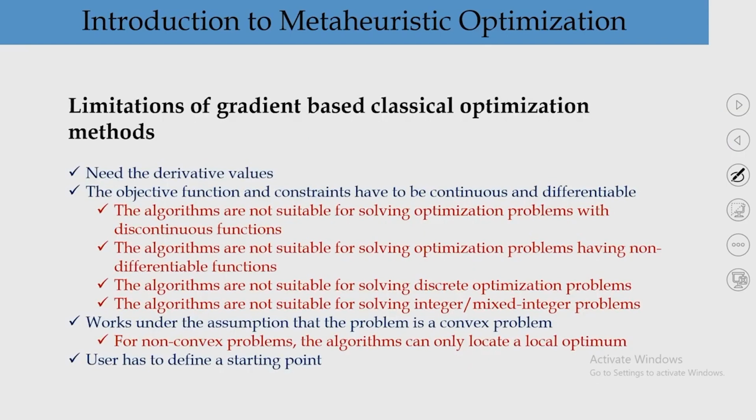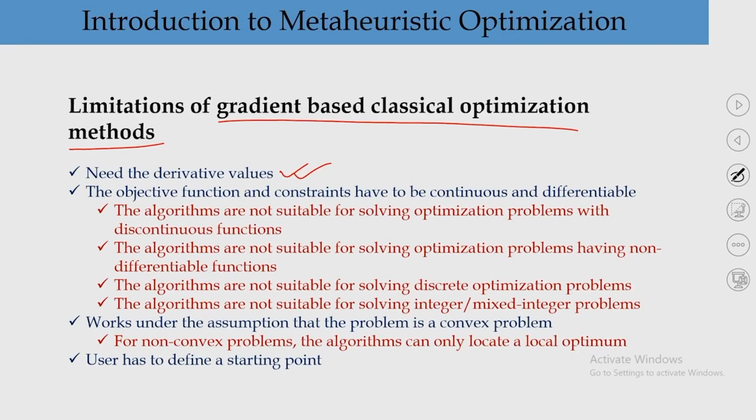Now, let us look at the limitations of gradient based classical optimization methods. I already discussed that one, but I have listed down the limitations here. What do you need? You need the derivative values, you need the derivative information, is not it.